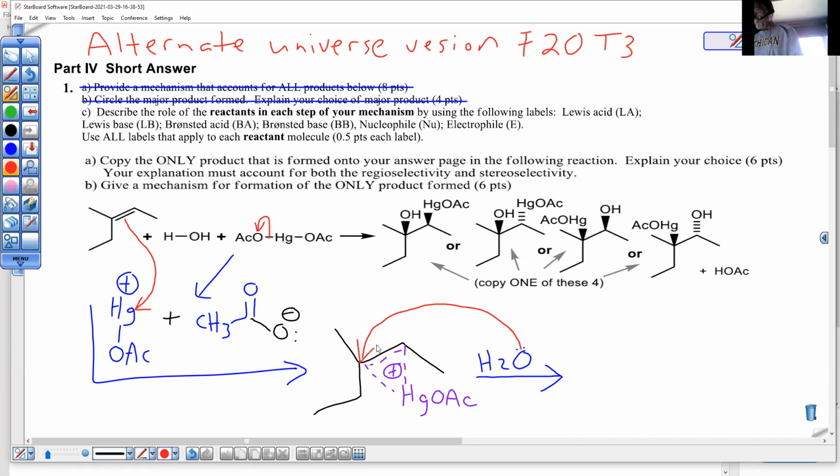Those words are going to be written down shortly because we're going to get points for them. Backside attack on the more substituted carbon gives this result here. We've got our carbons, we got our methyl here, we got our new O on top here.